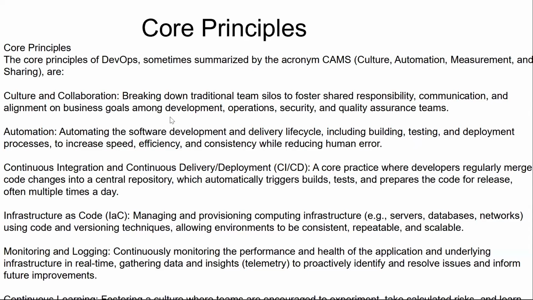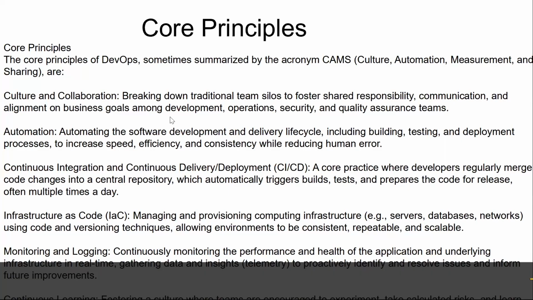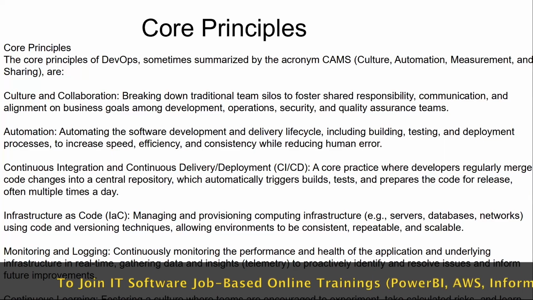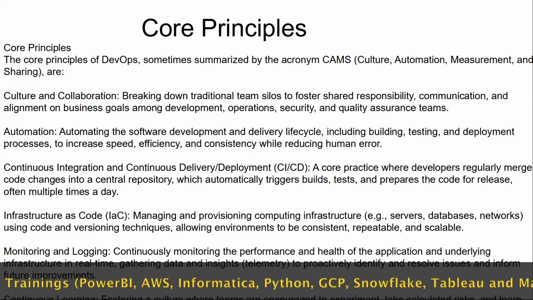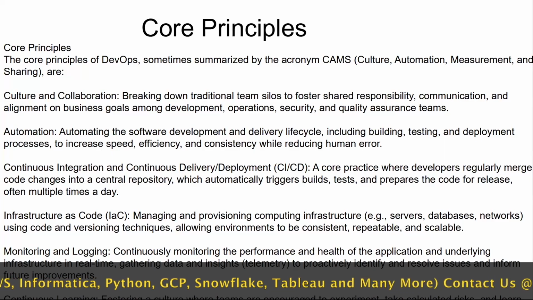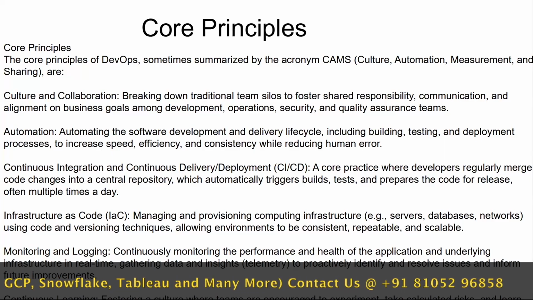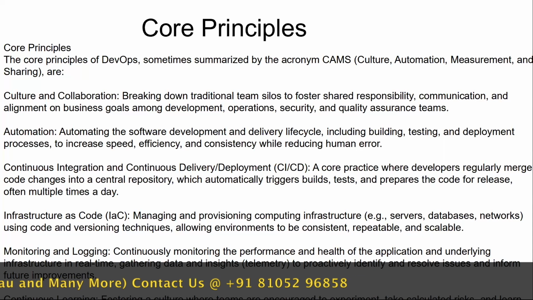So culture and collaboration are really important for achieving any task in a company or organization for your business goals. The major responsibility is communication, and how you're going to align with your business goals. When I say alignment, they might have provided you with a timeline, within a few days or within a month, for any project.